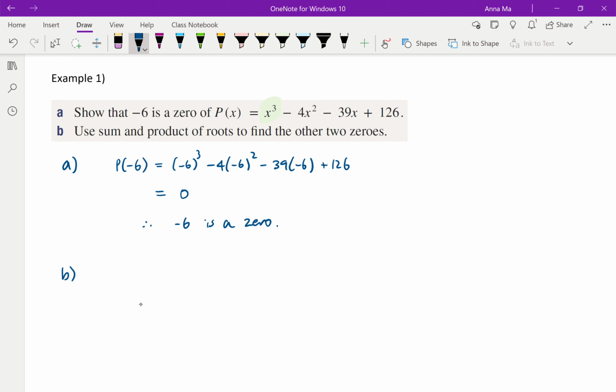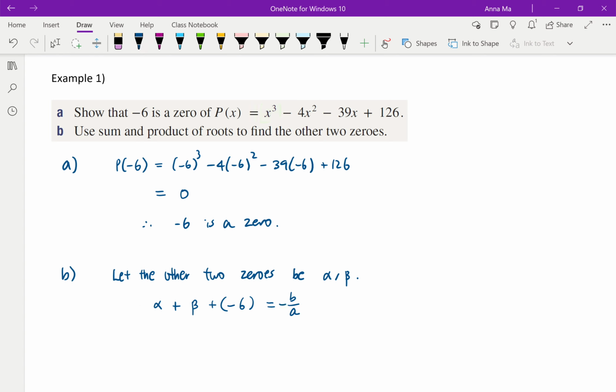So I should be labeling first. So I'll say let the other 2 zeros be alpha and beta. So then the 3 roots will be alpha, beta, and -6. If you add them, the sum of zeros is meant to be negative b on a.